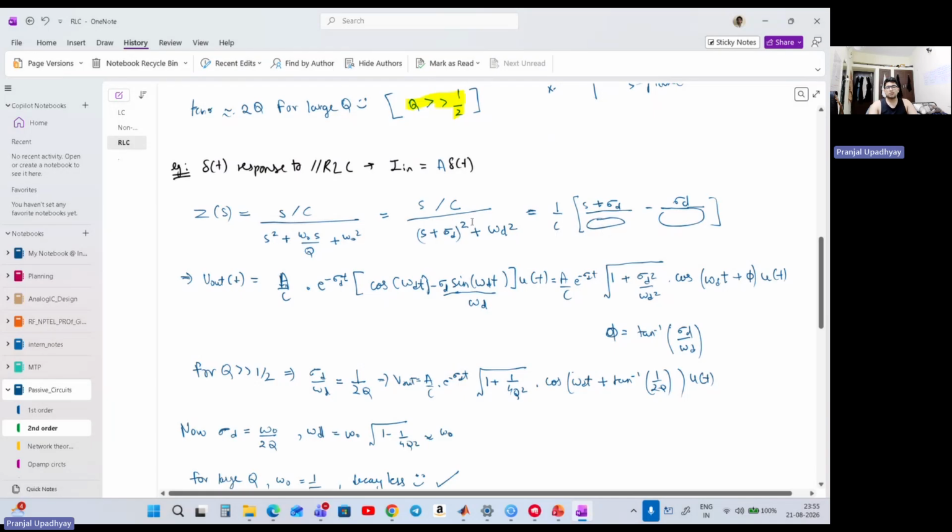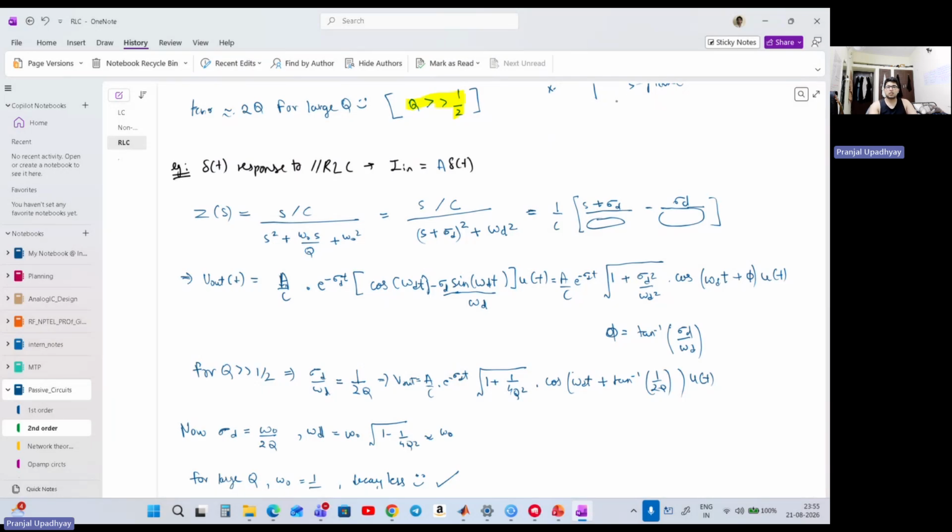So now that we have split this term into two, we can imagine that this s plus sigma d divided by this term is applying another property of Laplace transform, which basically says that if the Laplace transform of x(t) is X(s), then the Laplace transform of e^(-at) x(t) will simply be X(s+a).